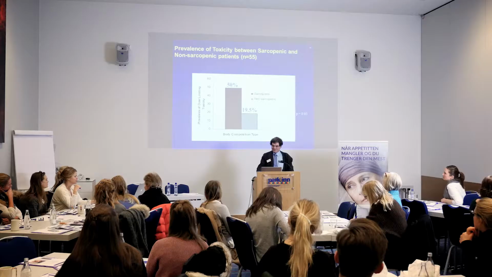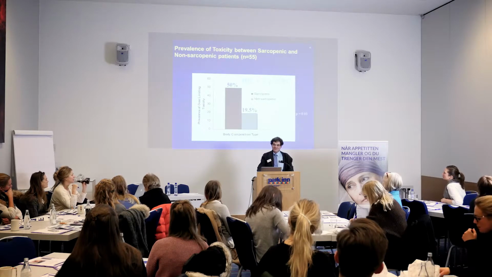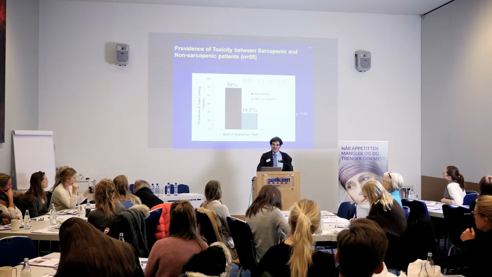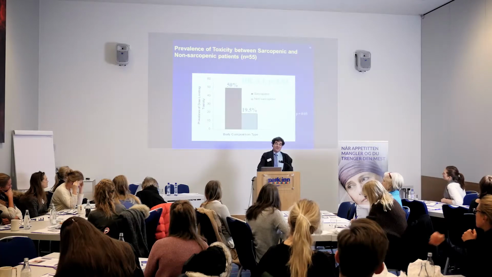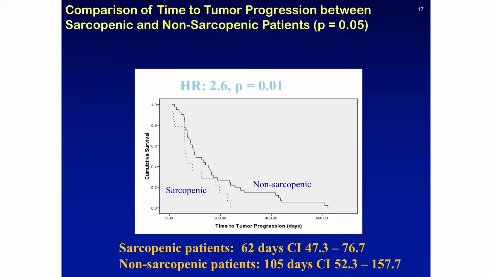Breast cancer docs have decided that they can only use 1,000. So being sarcopenic was associated with a 4-fold increased risk of developing toxicity. Tragically, they also didn't do as well. The hazard ratio in terms of time to tumor progression was 2.6 if you were sarcopenic.